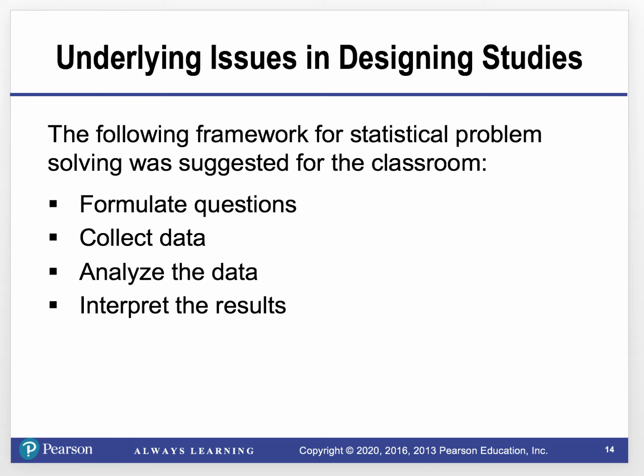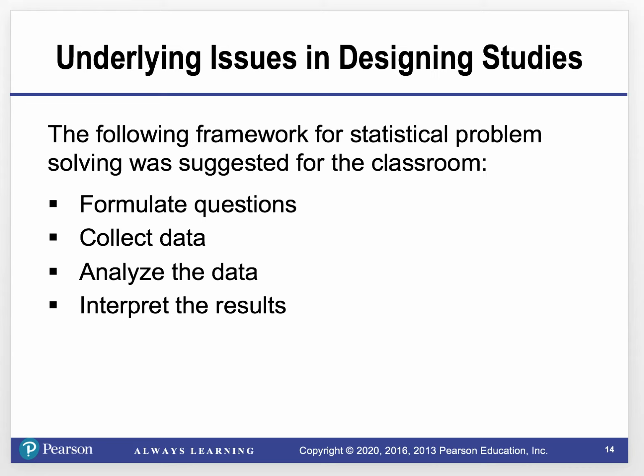Okay, let's see. Underlying issues. The following framework for statistical problem solving was suggested for the classroom. Formulate questions, collect data, analyze the data, interpret the results. Okay, so as noted earlier, when collecting data, there needs to be an awareness of avoiding biases and to choose as random a sample as possible, right?